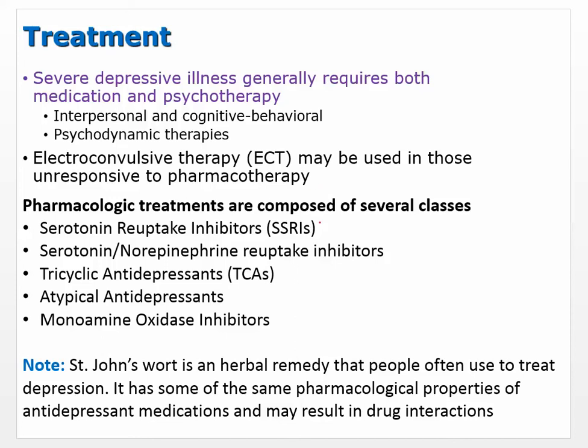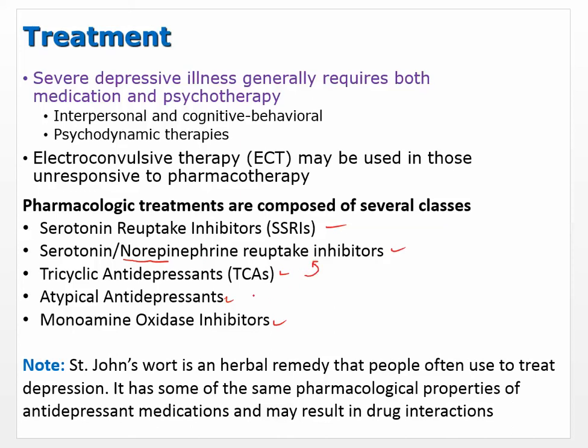Okay, so pharmacological treatments are composed of several classes. We're going to go through drugs and examples of drugs for each one of these. SSRIs, which we've talked about already. SNRIs, so now we're adding a norepinephrine component. Tricyclics, which are kind of older, and they really work very similarly to SNRIs.